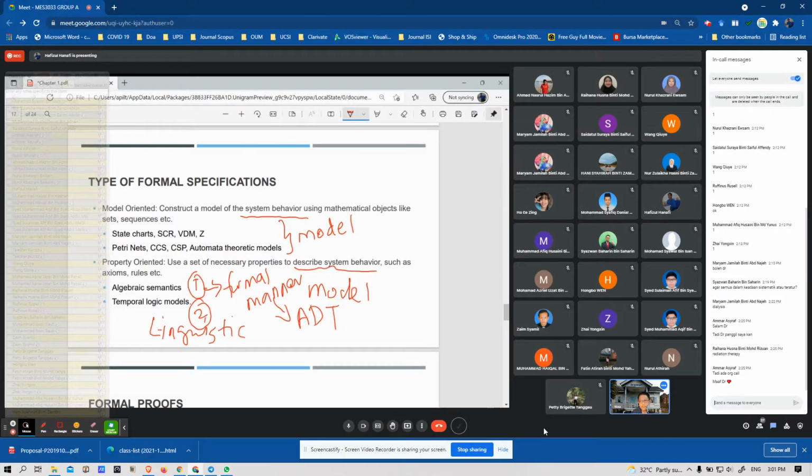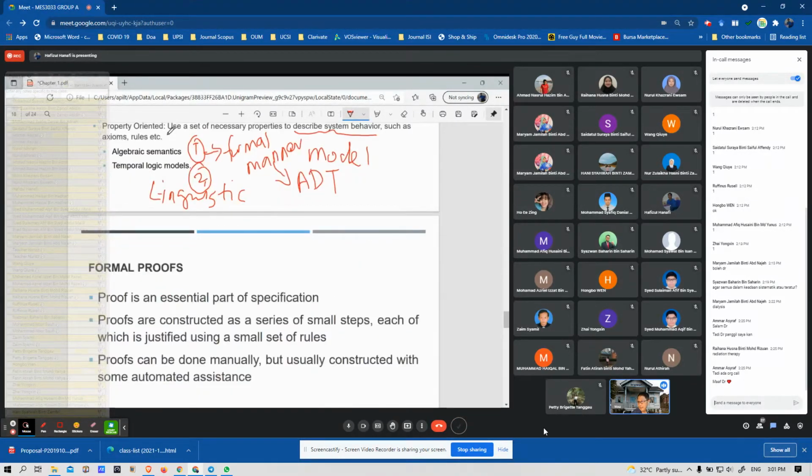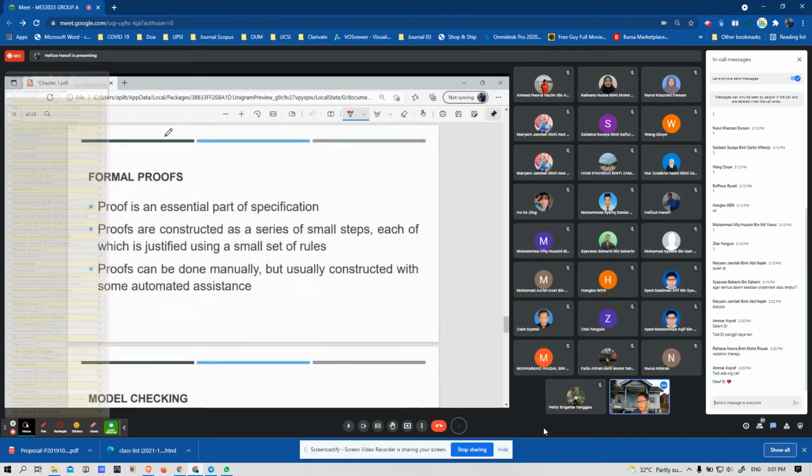And then we go by the formal proof, which is an essential part of specification because we have discussed this one as a part of documentation. Proofs are constructed as a series of small steps that are justified using a small set of rules.